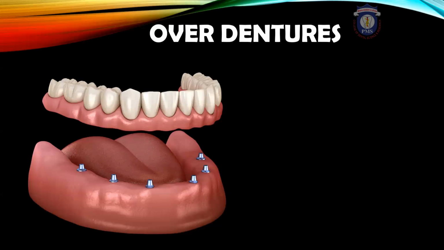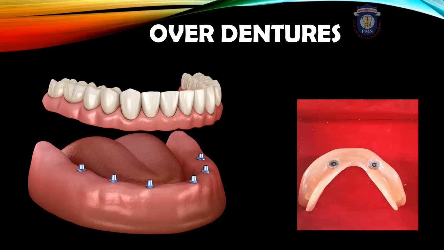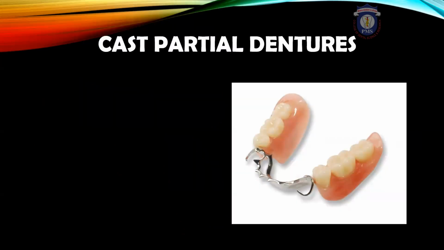So when you do an implant supported overdenture treatment, the value of the denture is increased, and the patient satisfaction is increased. So you can think of overdentures with implant support. In this photograph, two implants have been used for the support of the lower prosthesis.